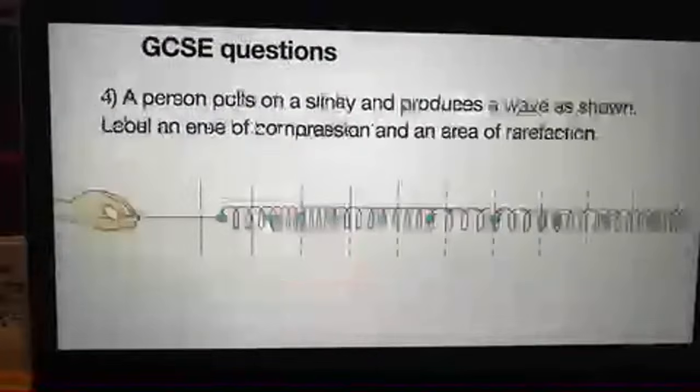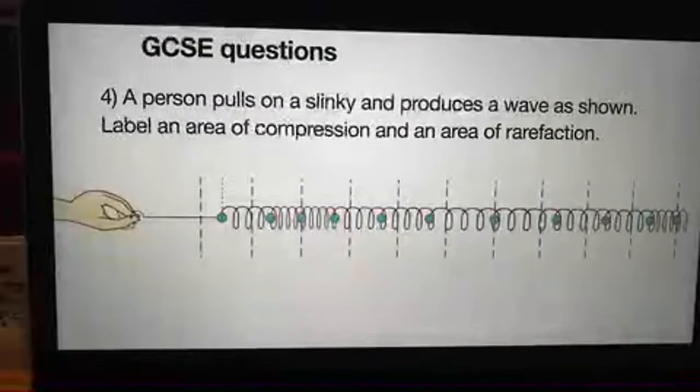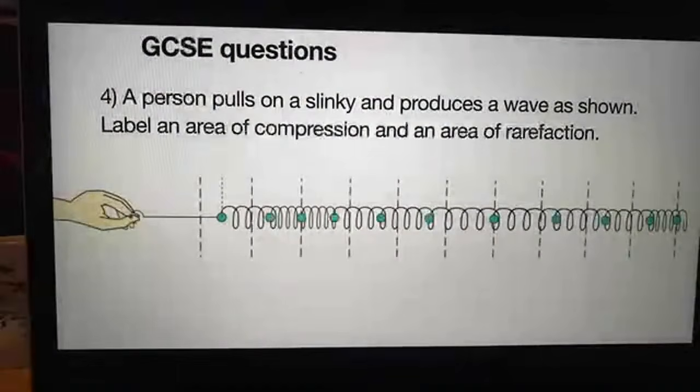Finally, this one's quite tough, actually, I think. You sort of think it'd be easy. How could they possibly make a question like this difficult? But I think they have. A person pulls on a slinky and produces a wave as shown. Could you please label an area of compression and an area of rarefaction?